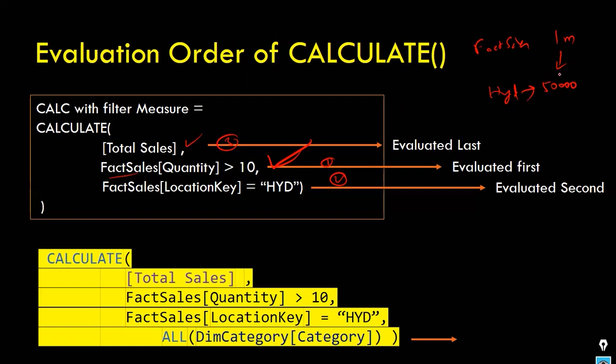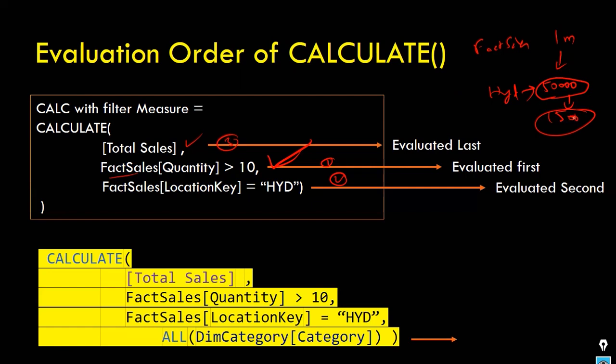Okay. And what you do is smartly put Hyderabad equal to Hyderabad here, and then quantities. Out of these 50,000 records where we made transactions in Hyderabad, more than 10 items sold, let's say hardly 1,500 transactions, we made more than 10 items.